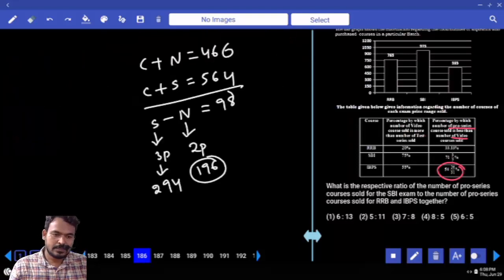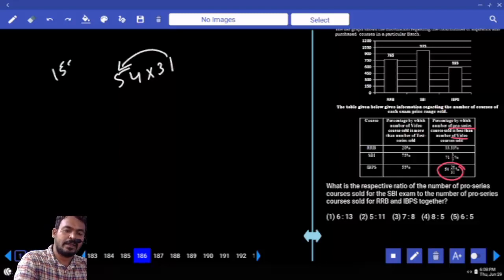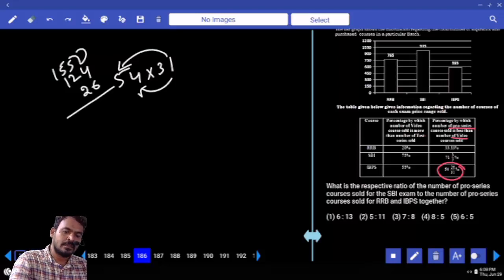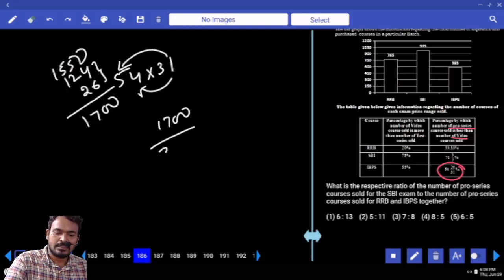First 54 into 31 how much? 31 times 5 is 155, 1550. 31 times 4 is 124, plus 26, 150. 1550 plus 150, 1700. 1700 by 3100, 2 zeros are cancelled.